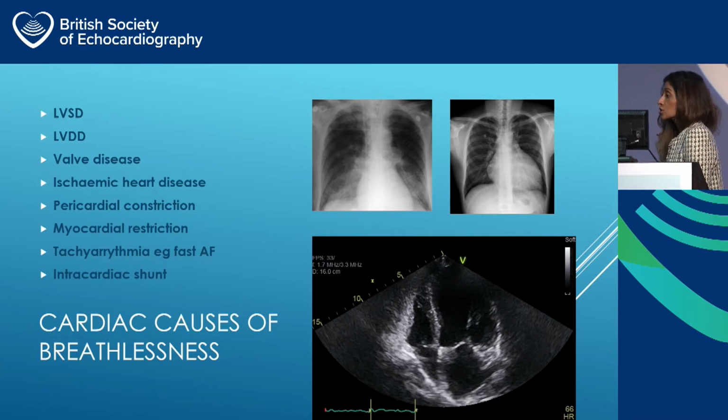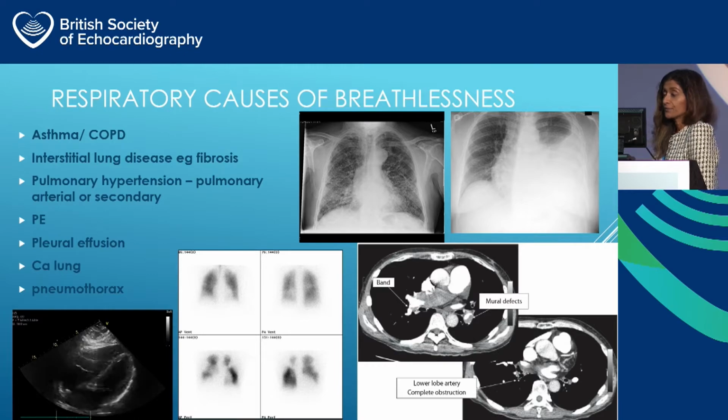And an intracardiac shunt initially will cause volume overload of the right heart as the shunt goes left to right. But if chronic and left for years, you would eventually get high pressures on the right side due to damage of the pulmonary arteriolar system and may eventually get reversal of the shunt. So all of these conditions can cause breathlessness and changes on your echo.